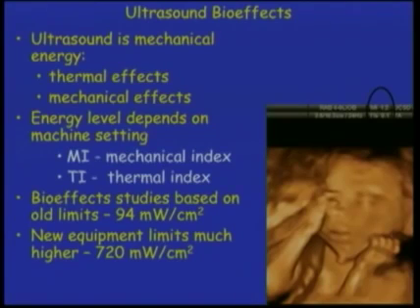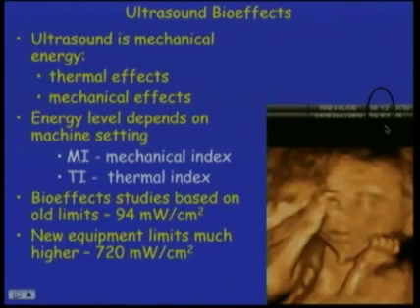Now, ultrasound does have bioeffects, and the bioeffects are predominantly related to thermal effects and mechanical effects. The energy levels depend on the machine settings that you use. The MI, which is the mechanical index, and the TI, which is the thermal index, are both listed on our images.